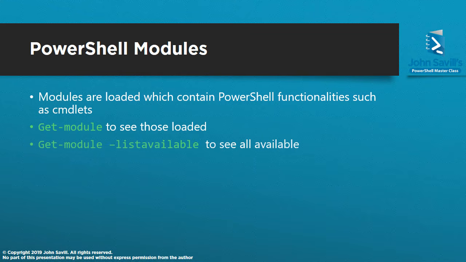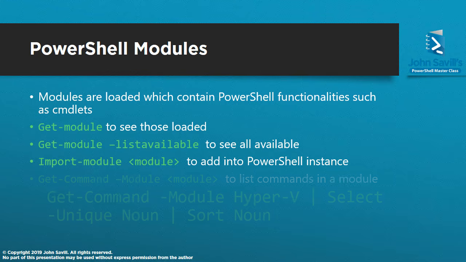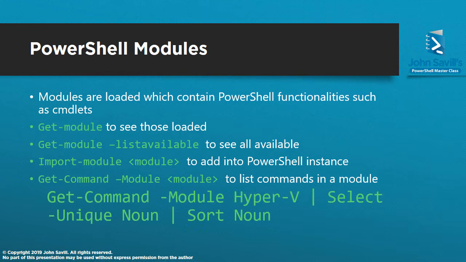I could see the ones that are currently available, like I have installed. I would then have to import the module manually, and then I could go ahead and see the commands in the module. In PowerShell v3 and above, I can just start using the command. It will find the first module in the module path that has a match and use that.